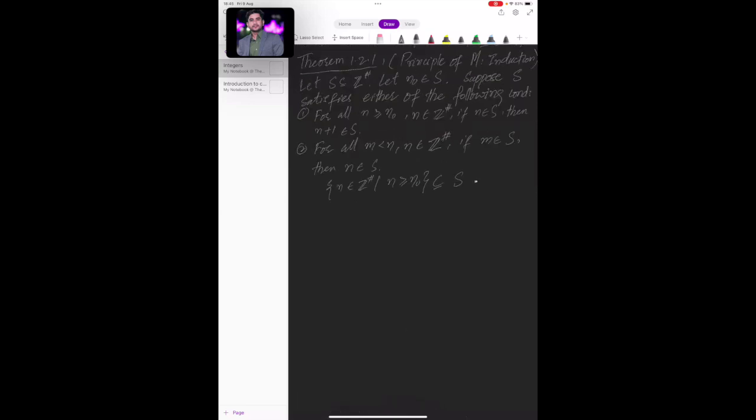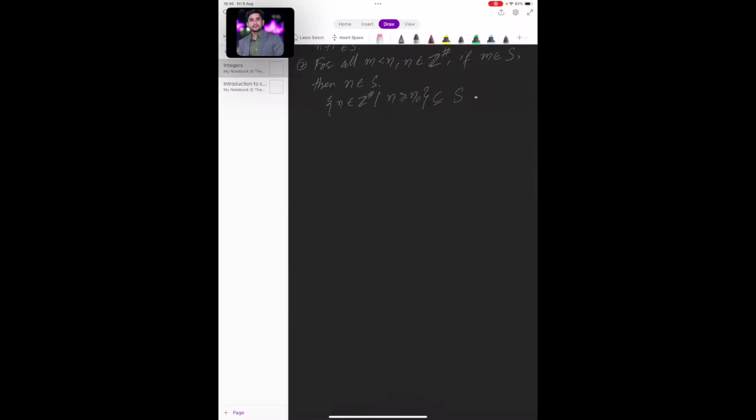Now let's use this and prove something from a college algebra or calculus course. We have an example: the sum of positive integers up to some n is equal to n into n plus 1 over 2, where n is greater than or equal to 1.